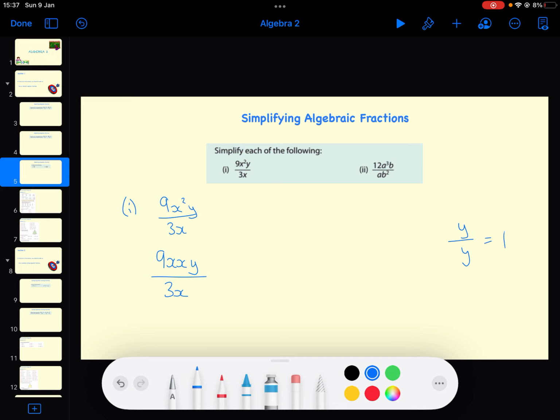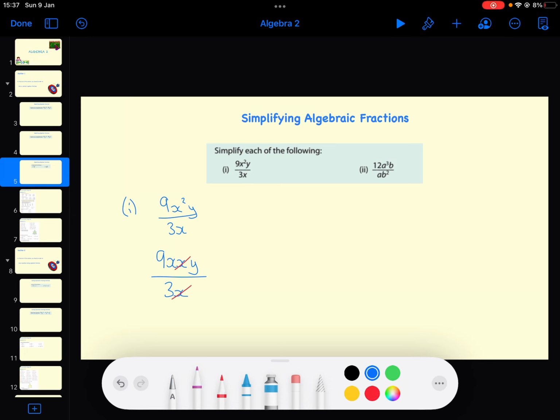And if you're multiplying by 1, which is what's happening here because letters and numbers attached to each other means multiply, multiplying by 1 doesn't affect the sum. So if I have anything on top of the fraction and also on the bottom, I can just cross it off. Here I have an x in the bottom, so I can cross it off with one of the x's on the top. You cannot cross off both x's on the top, only one.